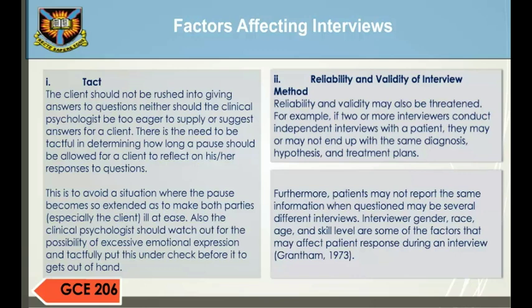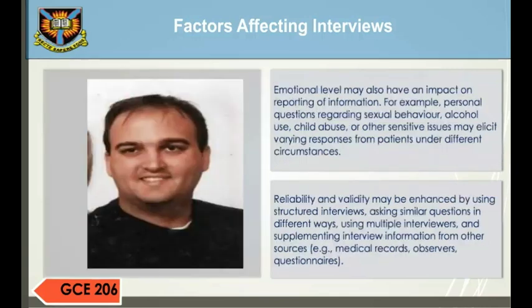Interviewer gender, race, age, and skill level are some of the factors that may affect patient response during an interview. Emotional level may also have an impact on reporting of information. For example, personal questions regarding sexual behavior, alcohol use, child abuse, or other sensitive issues may elicit varying responses from patients under different circumstances.